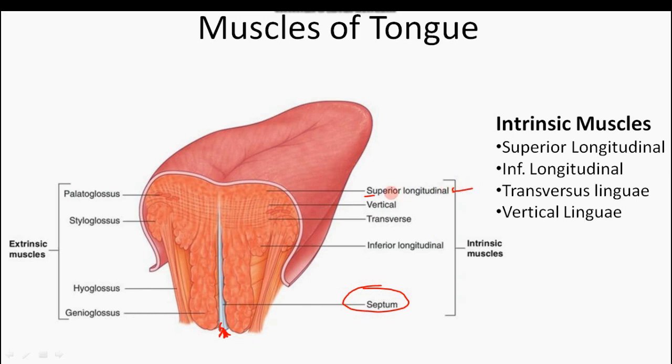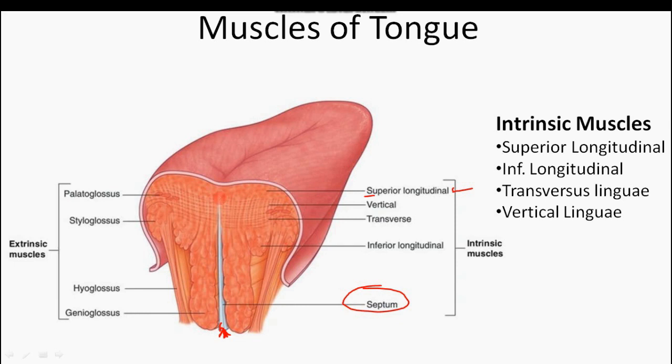The superior longitudinal muscle. See, this is the dorsum of the tongue, and here is the mucous membrane. They are present beneath the mucous membrane, and they arise from the fibrous septum, on its posterior aspect.